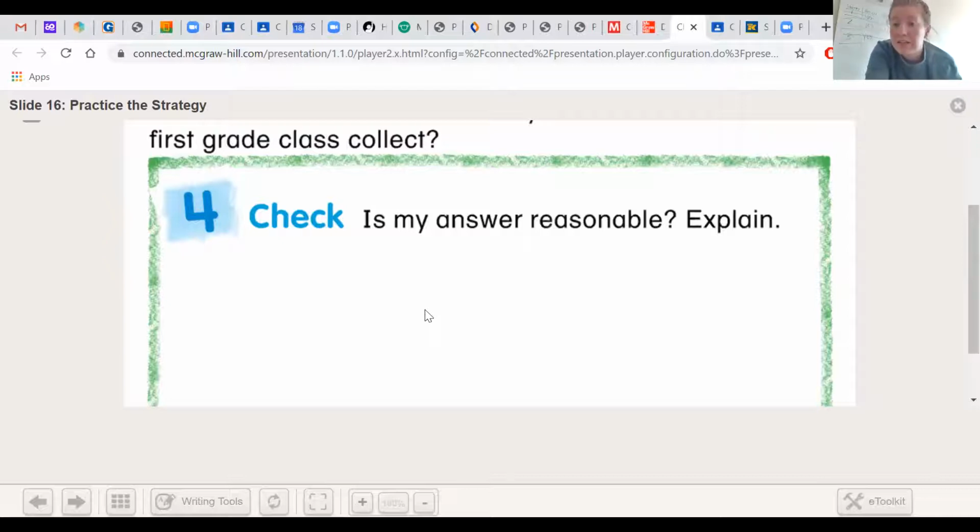If not, then I think my answer is reasonable. I know that 11 minus 5 is 6, so I think it's reasonable. So if you want to, you can write here. You can write yes. Oh, it's hard to do this with my mouse. I'm going to get really good by the end. Awesome. Pause if you need more time.